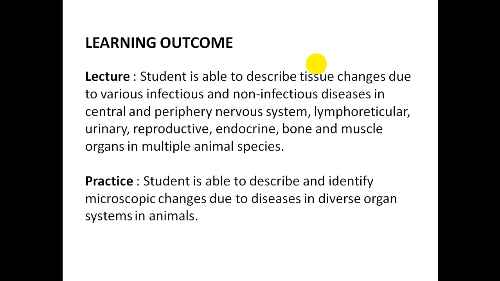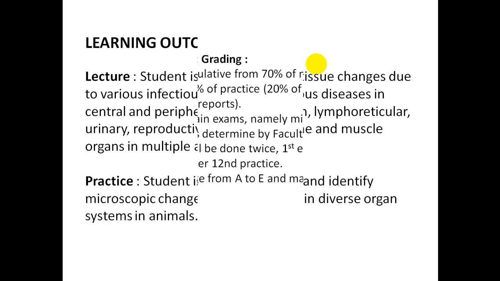The learning outcome of the lecture is that you are able to describe the tissue changes due to various diseases, whether infectious or non-infectious. And also in practice, you are able to describe and identify microscopic changes in many organ systems.